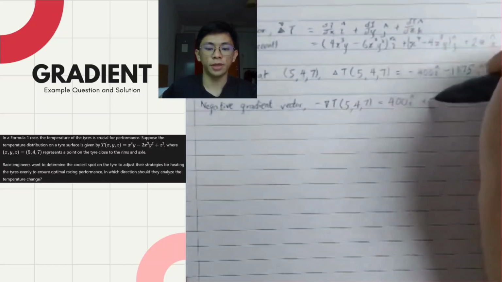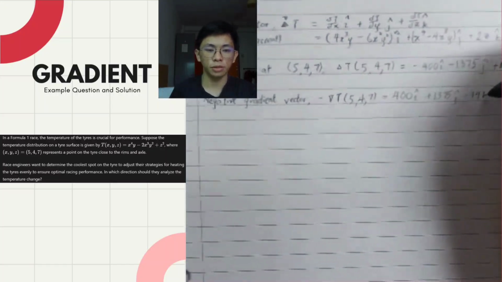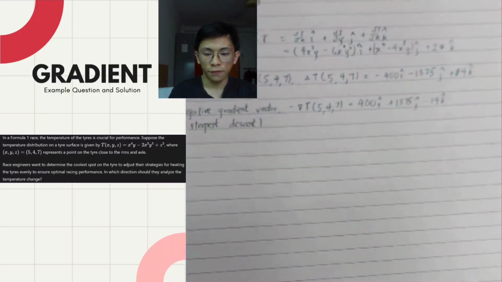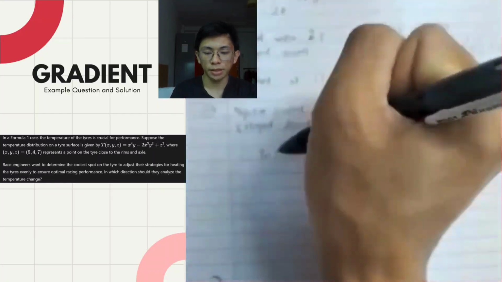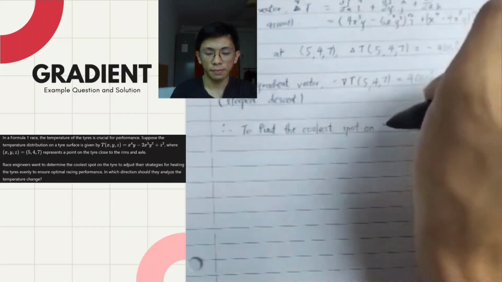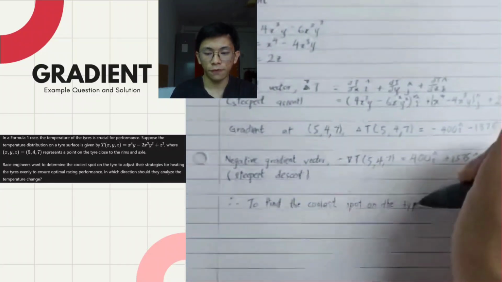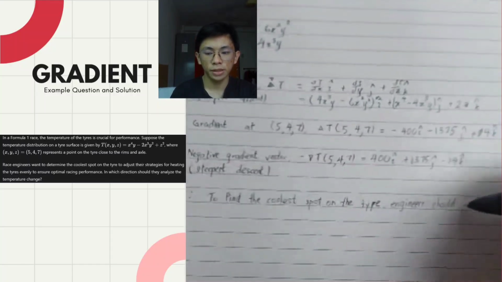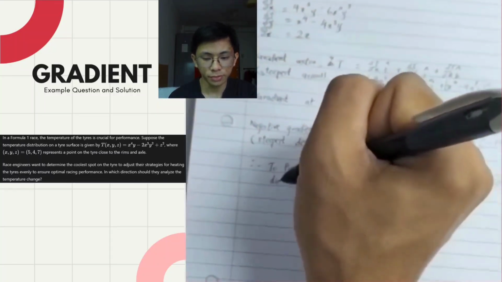After having all this information, we substitute into the gradient formula. The gradient of T equals 4x to the power of 3 y minus 6x squared y squared times i, plus x to the power of 4 minus 4x to the power of 3 y times j, plus 2z k.